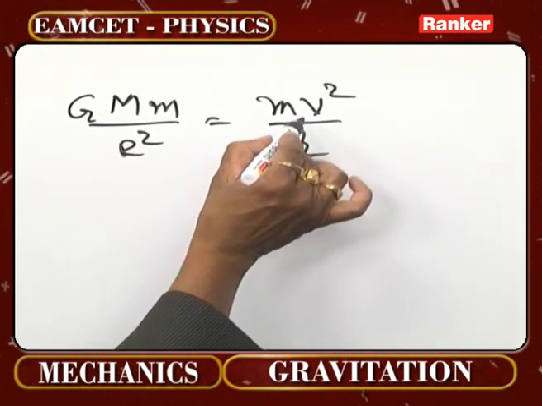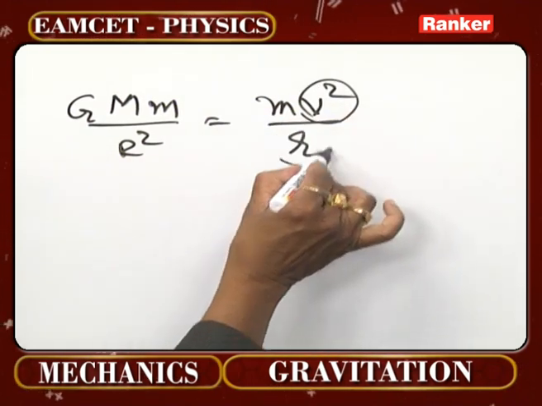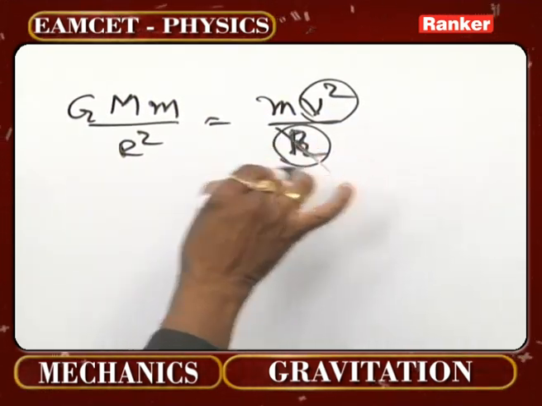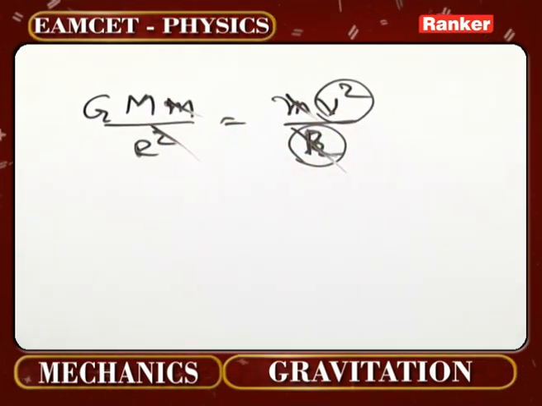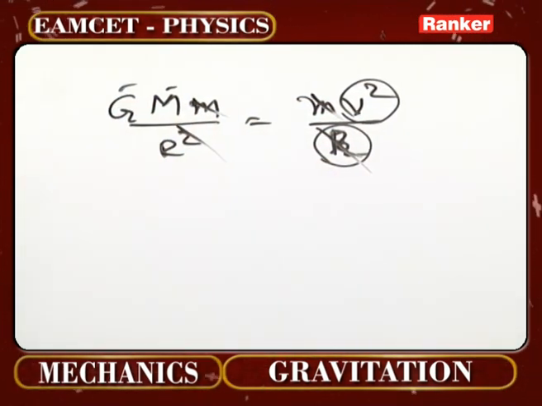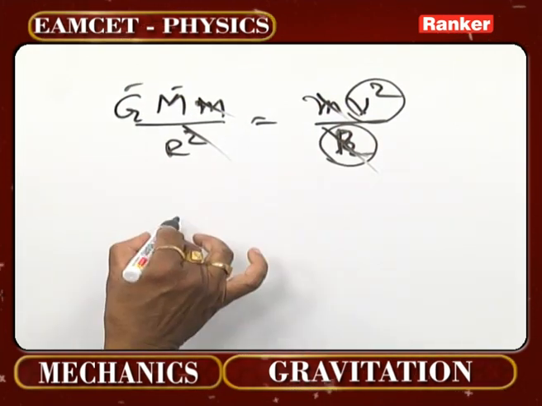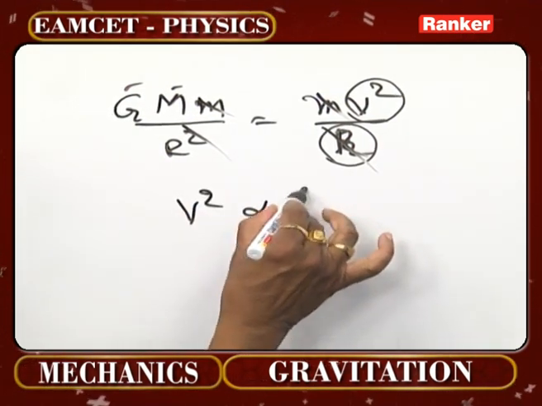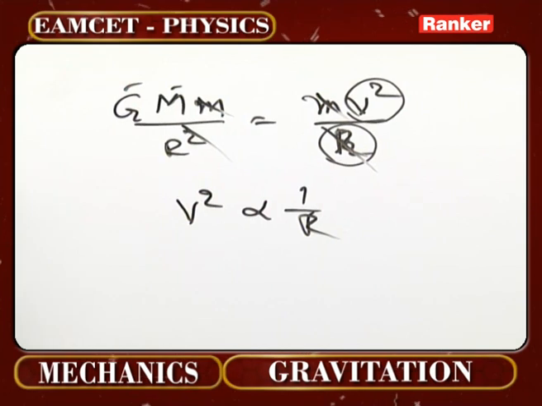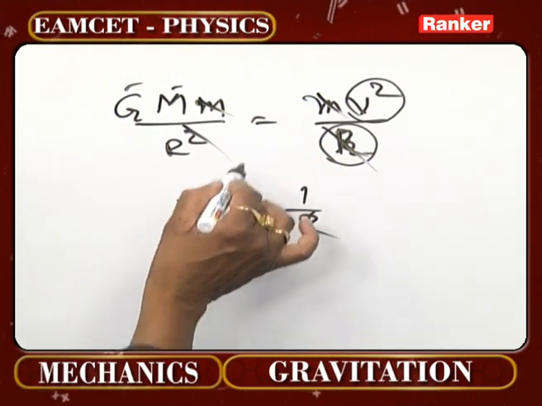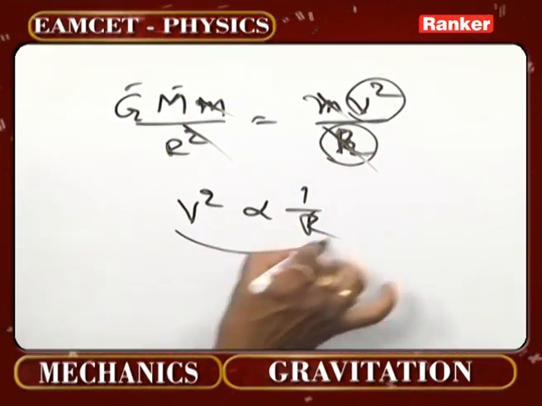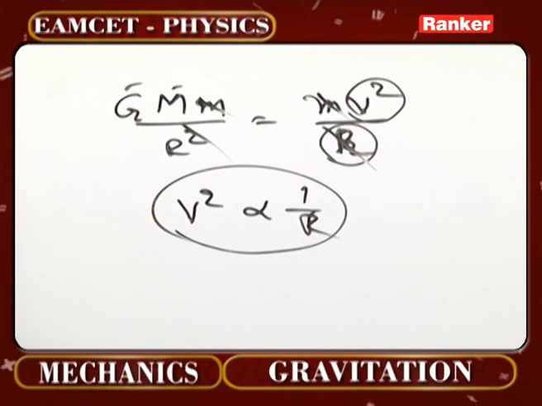You can directly understand V and R. If you cut m on both sides, capital M is constant, G is constant. Therefore, you can say that V square is proportional to 1 by R. So automatically what can we write now? V square times R is going to be constant. That is the equation you people have to apply.